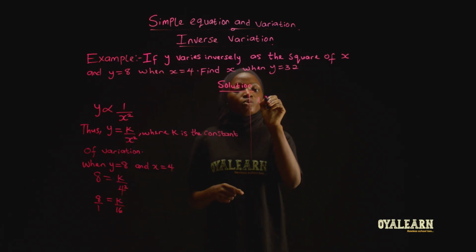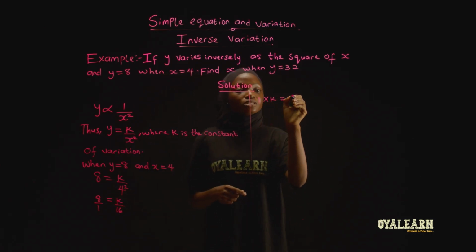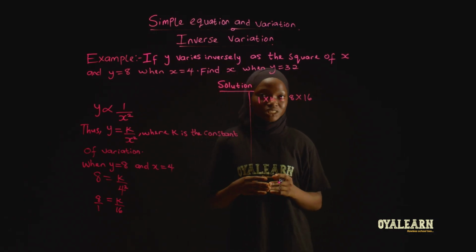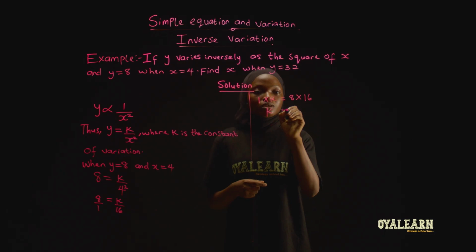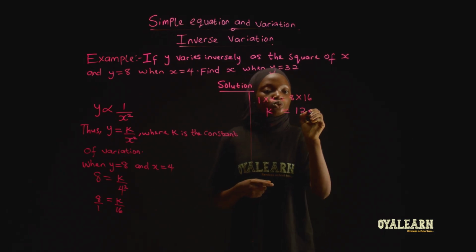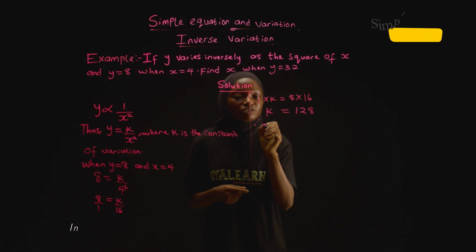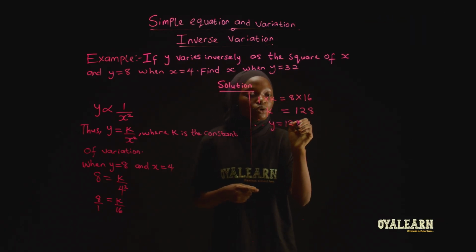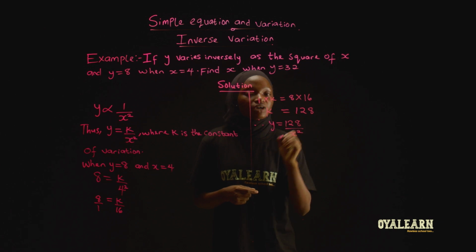We'll be having 1 times k equals 8 times 16. 1 times k means 1k, which is the same thing as having k equals 128. So therefore, the formula connecting y and x becomes y equals 128 over x squared.